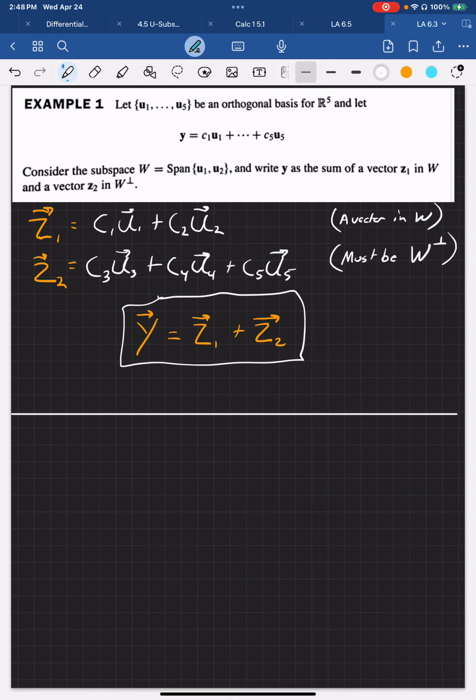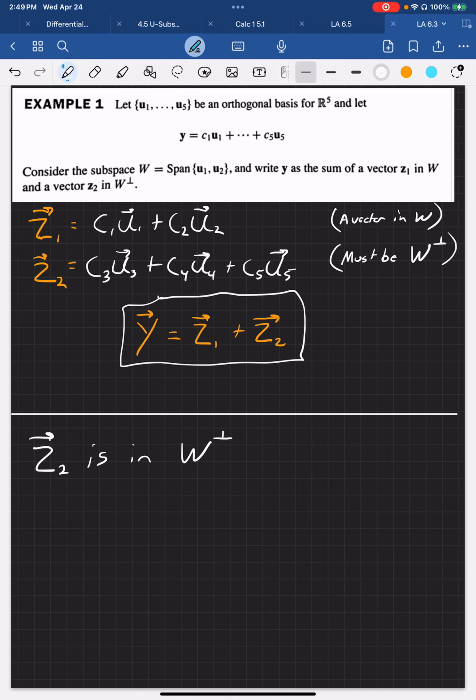If the question is, how would you show that this z subscript 2, how would you show that this vector is in this orthogonal set of vectors that are orthogonal to subspace W?